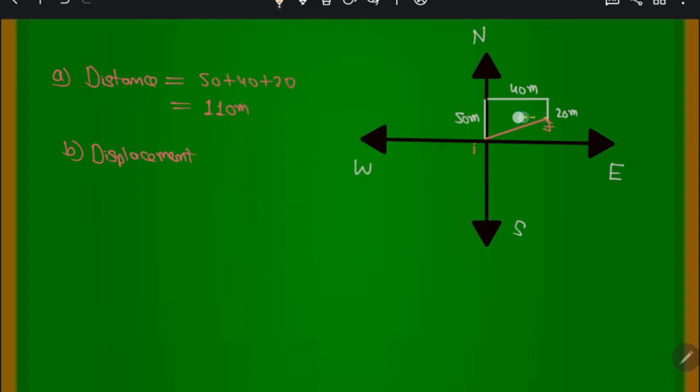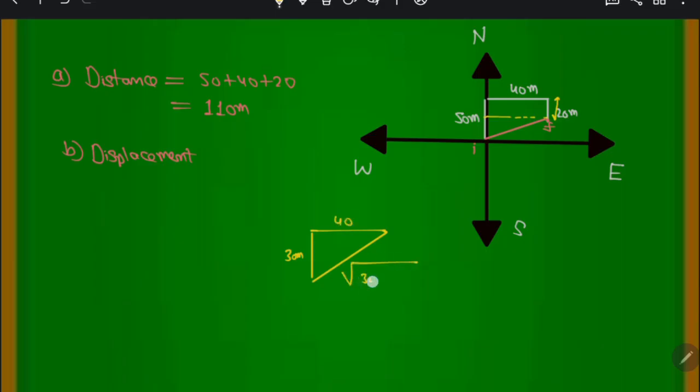See, this is 20 meters. Means in this triangle we have to find the displacement. So this is 30 meters. This is 40 meters. This we have to find.